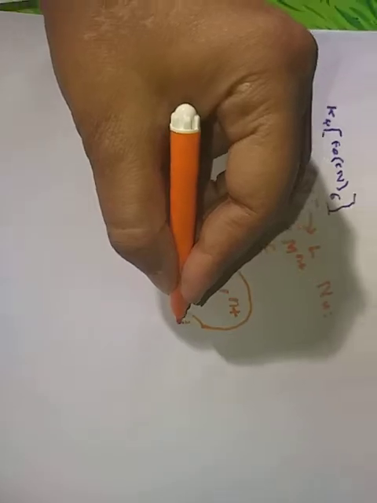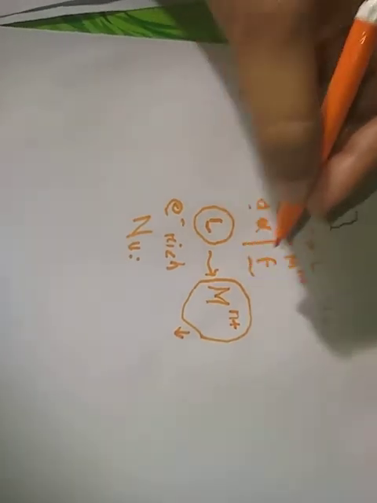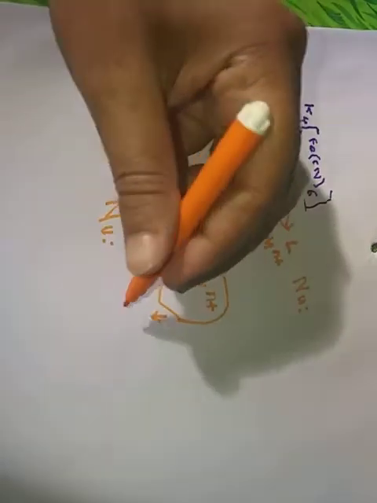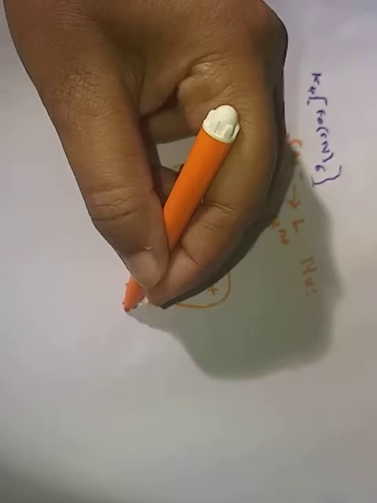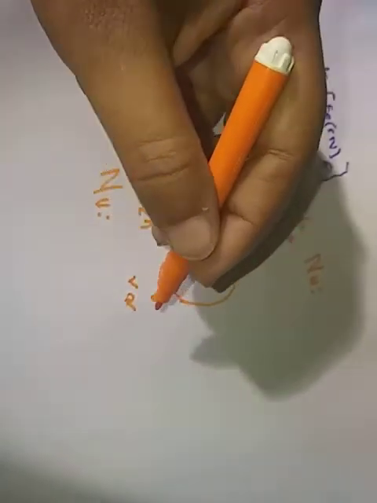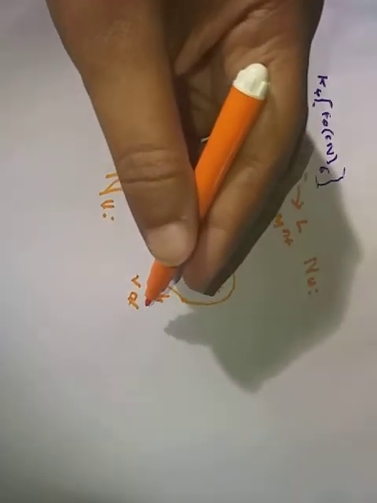This must have the vacant space, and since the d or f orbitals are partly filled, these have empty orbitals or vacant space to accommodate the electrons.